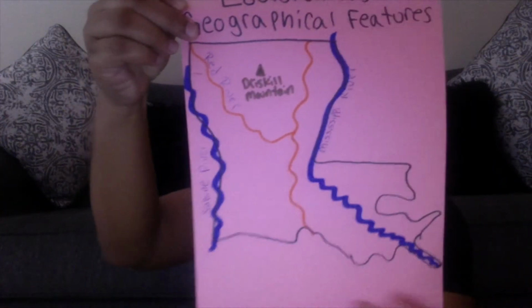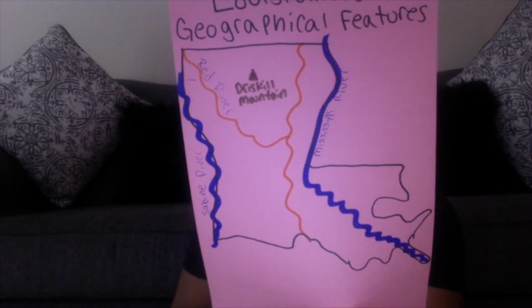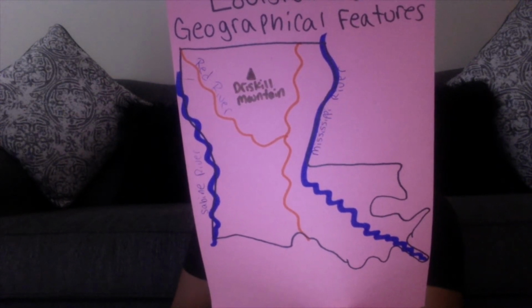And then after you draw that, it should look like this. And that is spelled Ouachita River.